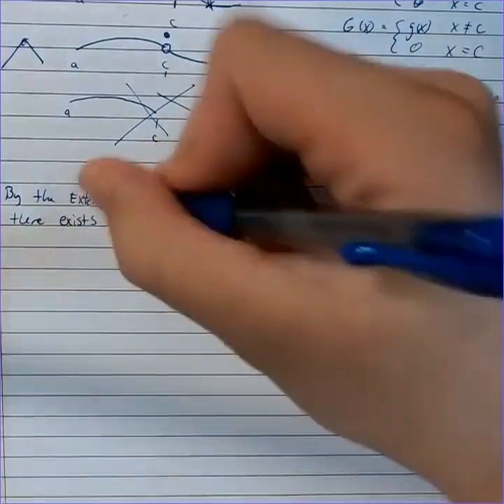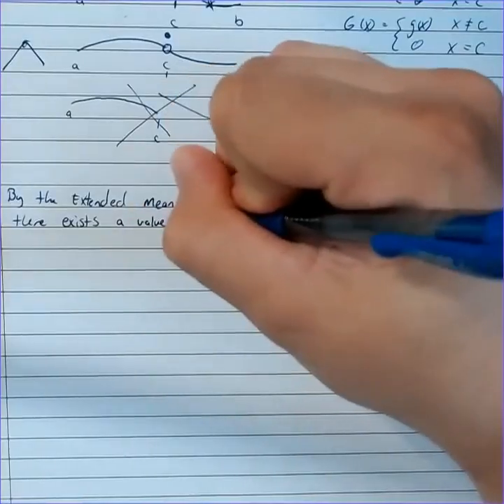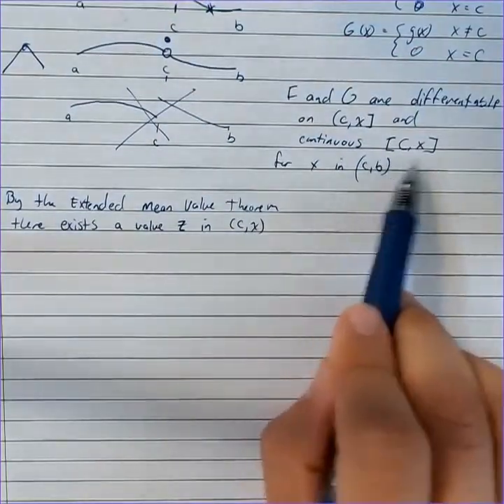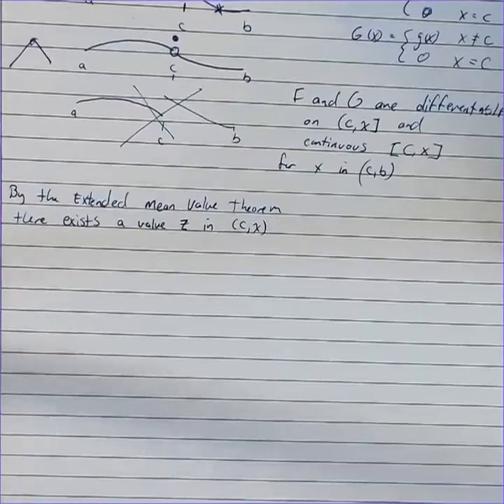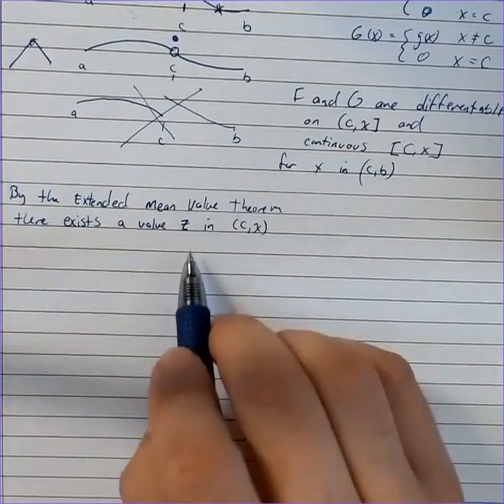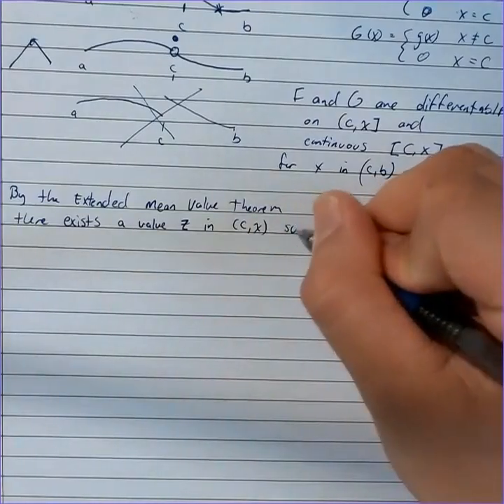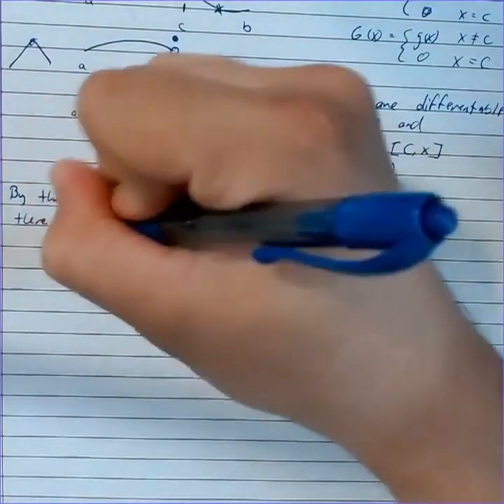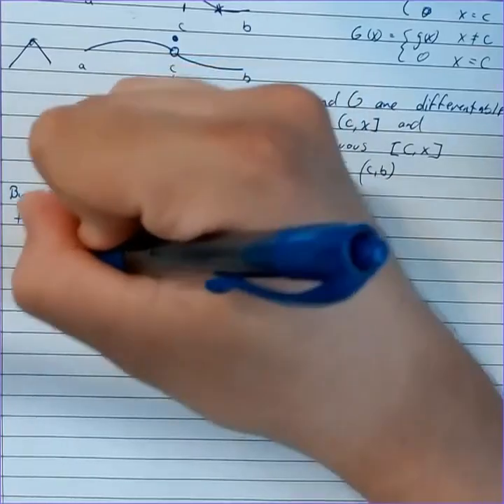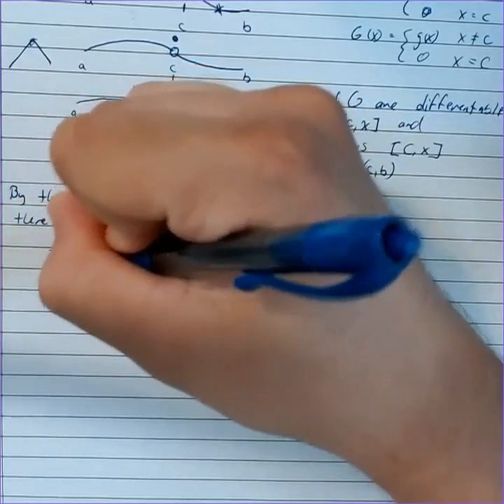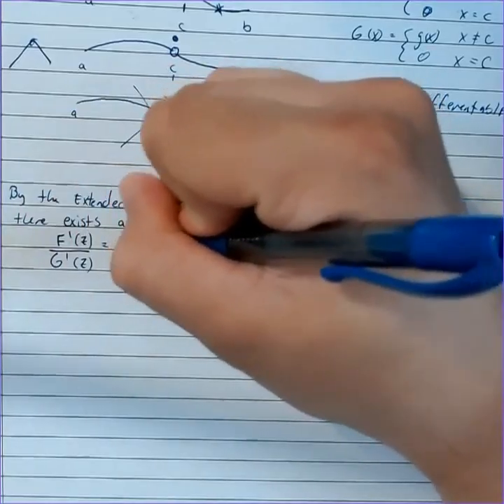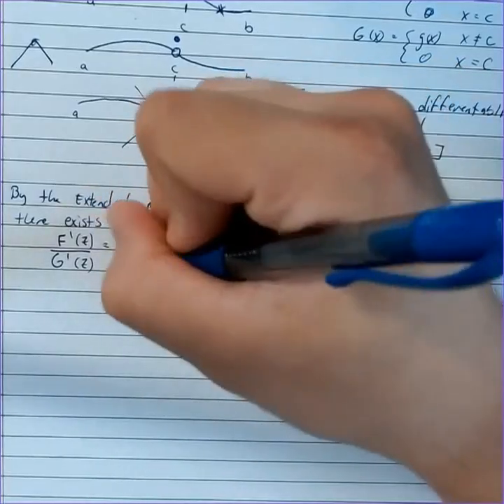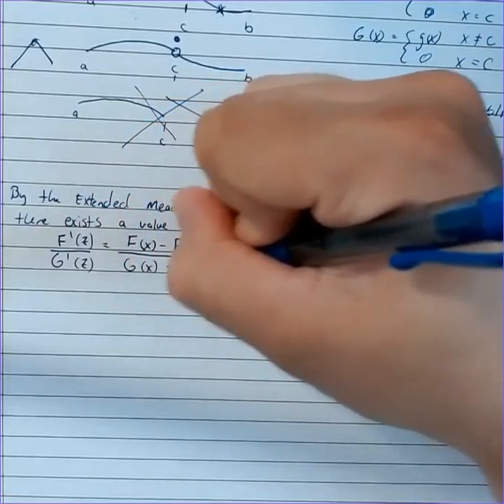There exists a value z in the open interval from c up to x, where the functions are continuous and differentiable, such that capital F prime at z over capital G prime at z is equal to capital F at x minus capital F at c over capital G at x minus capital G at c.